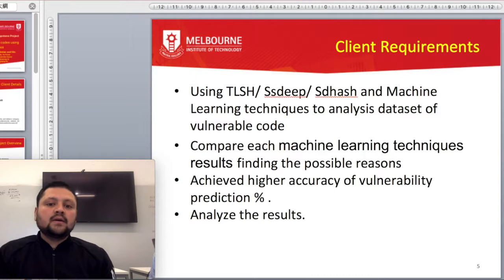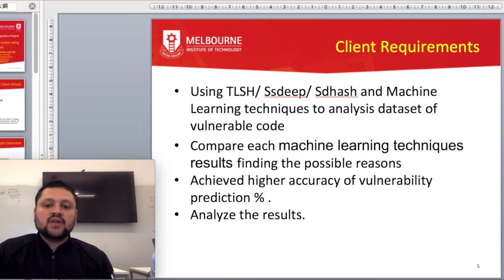In our client requirement, we are using 5 different machine learning techniques: TLSH, SSDeep, SDHash, Naive Bayes, and decision tree. We are going to compare each technique's results and find the possible reasons for the vulnerable code.